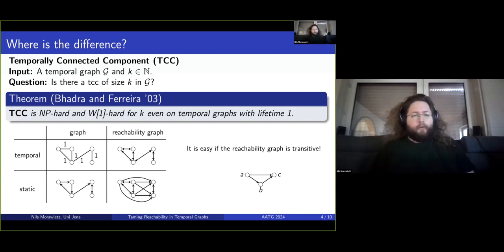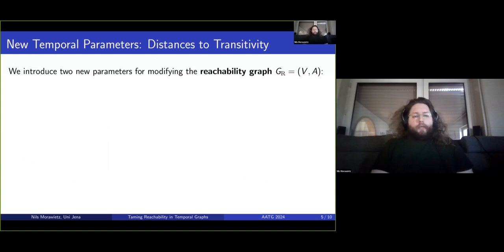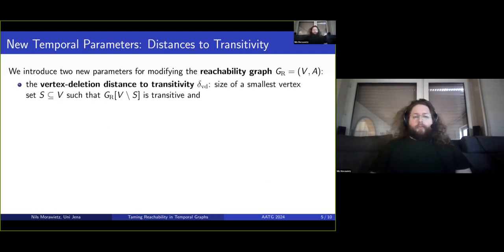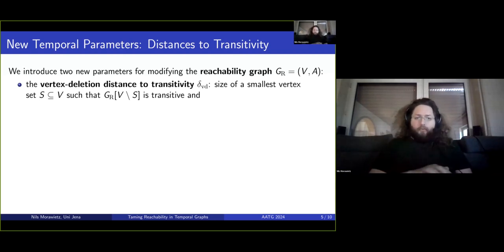Our idea was now, can we use this property for our temporal setting? To this end, we introduced two new temporal graph parameters based on the reachability graph of a temporal graph. First, we want to measure the distance with respect to vertex deletion to being transitive. So we want to know how many vertices we have to remove to obtain a transitive graph. It's important that we first compute the reachability graph and then perform these modifications on the reachability graph.